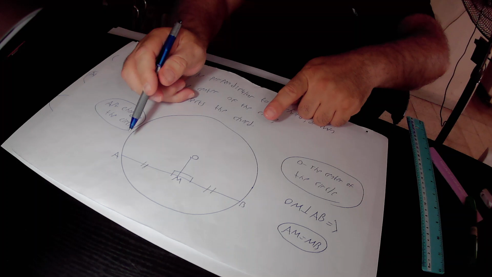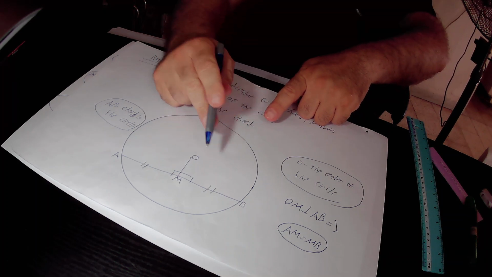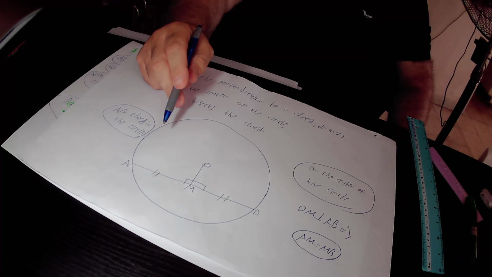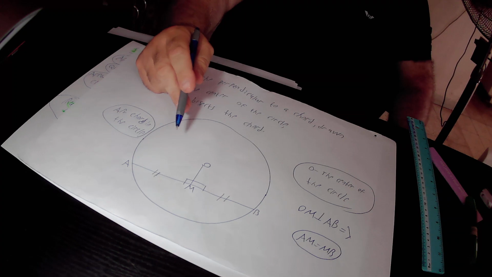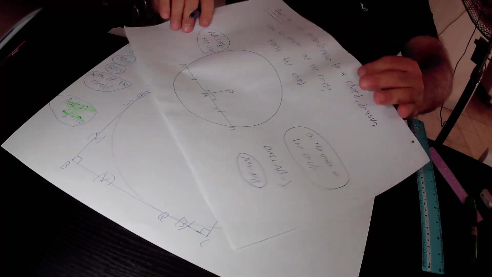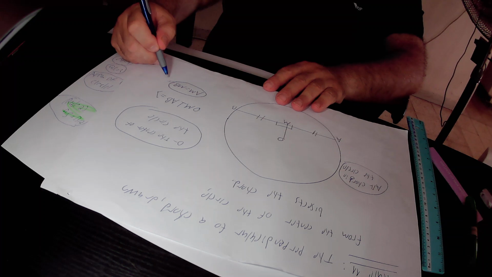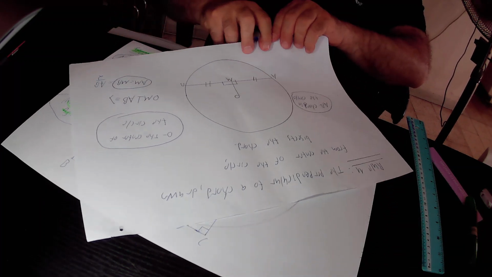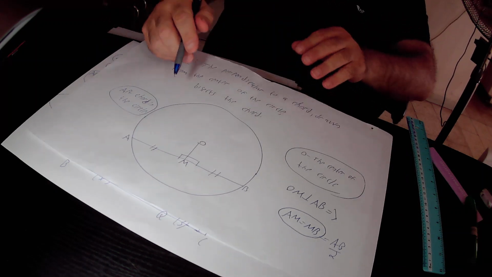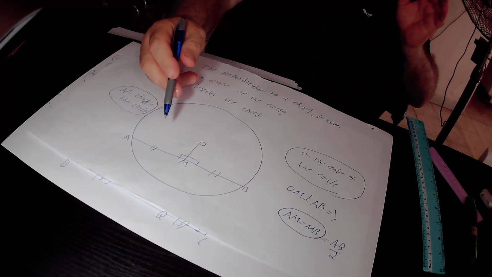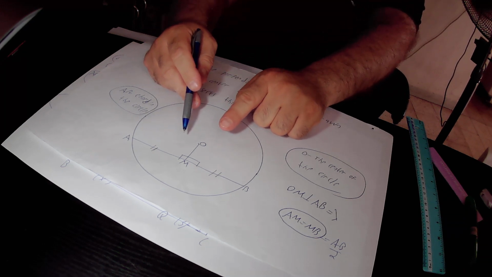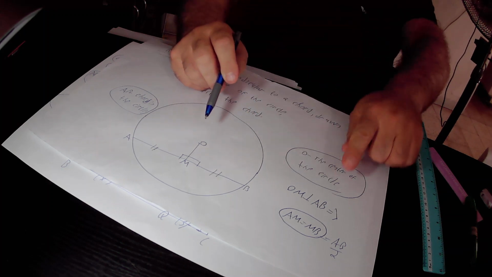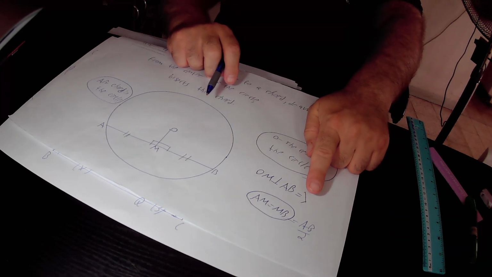If OM bisects chord AB, it means that AM equals MB, and this equals AB over 2, because chord AB is being bisected into two halves. Each half equals AB over 2. So the first half is AM, the second half is MB, and AM equals MB equals AB over 2.